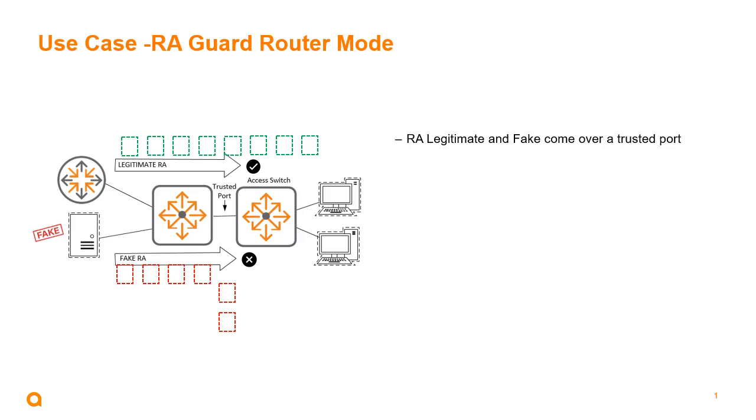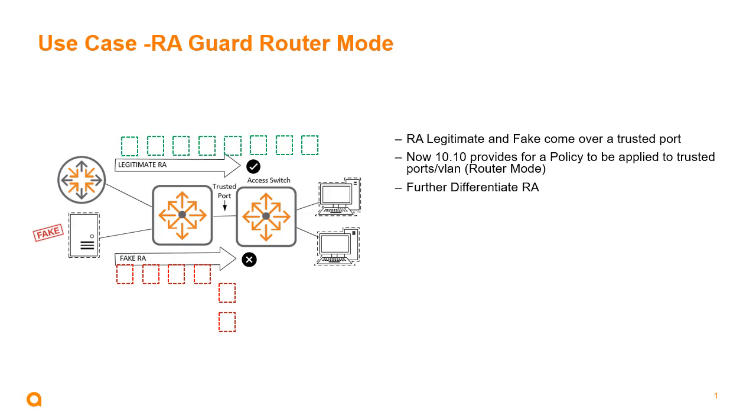So blocking the fake RA and allowing the legitimate RA. And that's exactly what we can now do with 10.10 with router mode, where we can apply a policy to a trusted port or VLAN.